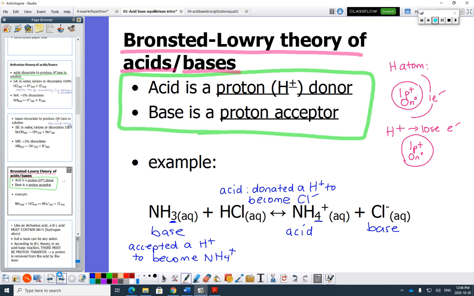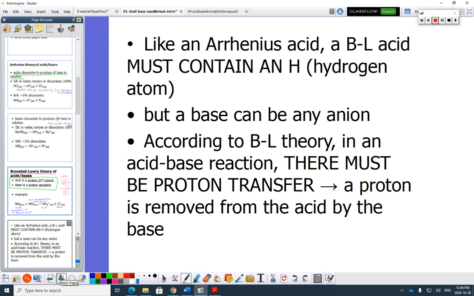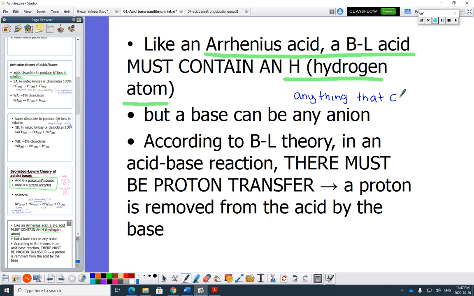We're going to do more, okay? So Arrhenius acid and Bronsted-Lowry acid are the same thing. Acids have to have hydrogen. But a base can be anything, any anion, really anything that can accept an H+.